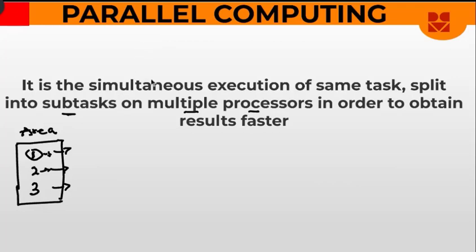But parallel computing is saying that we execute these tasks simultaneously. We are supposed to split these tasks into subtasks, or subsections, and then these subsections are processed on multiple processes.